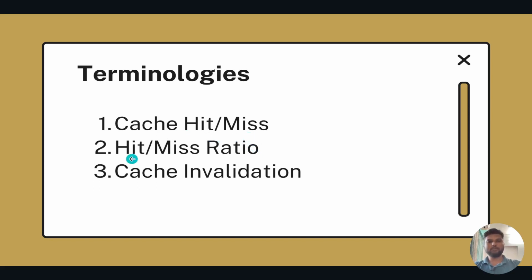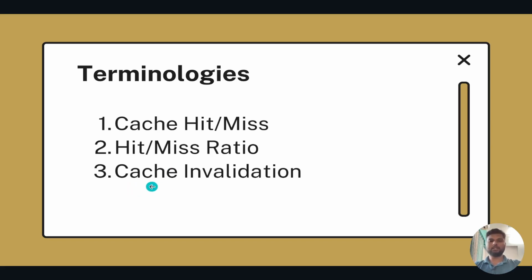Then we have another terminology called hit or miss ratio. There is a ratio allocated to a cache, specifying how many hits are occurring on that cache. In 100 requests, let's say 10 are going to the cache and we are finding that content in the cache, it's called a 10% hit ratio of that particular cache. That cache will have a 90% miss ratio because 90 requests out of 100 are missing the content in the cache.